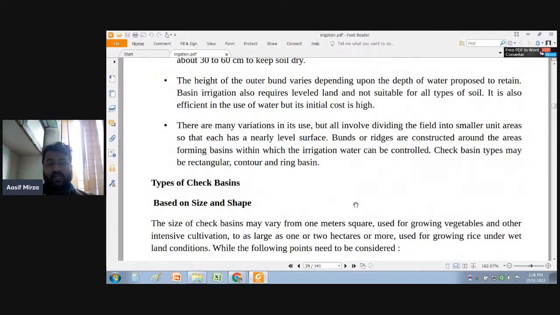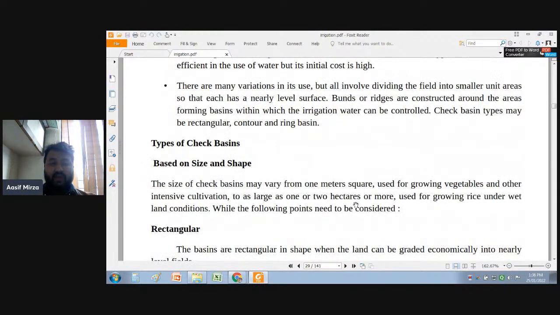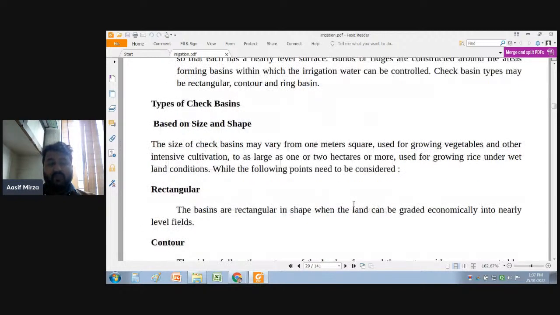Now, what are the types of check basin? First is the type based on size and shape. The size of a check basin may vary from 1 meter square, used for growing vegetables and other intensive cultivation, to as large as 1 or 2 hectares or more, used for growing rice under wetland conditions. The following points need to be considered. In the rectangular case, basins are rectangular in shape when the land can be graded economically into nearly level fields.